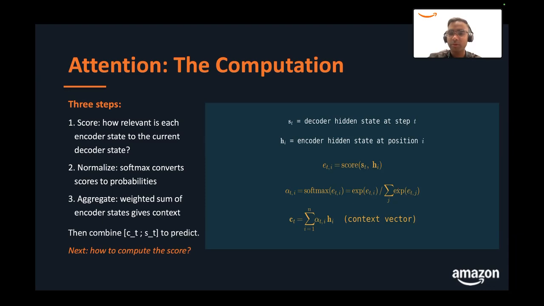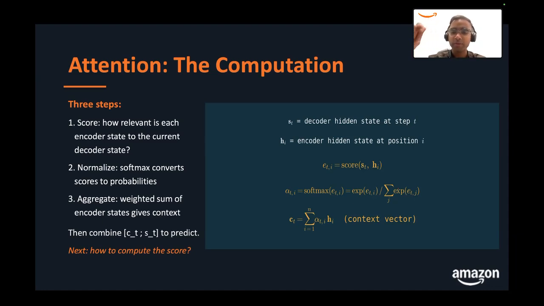What we can do is take a simple scoring function. The scoring function can be anything. We'd be scoring the relation between these two input and output tokens, represented as S of t and H of i, and then we can use softmax to normalize it, and then we would make a context vector again based on these weights.